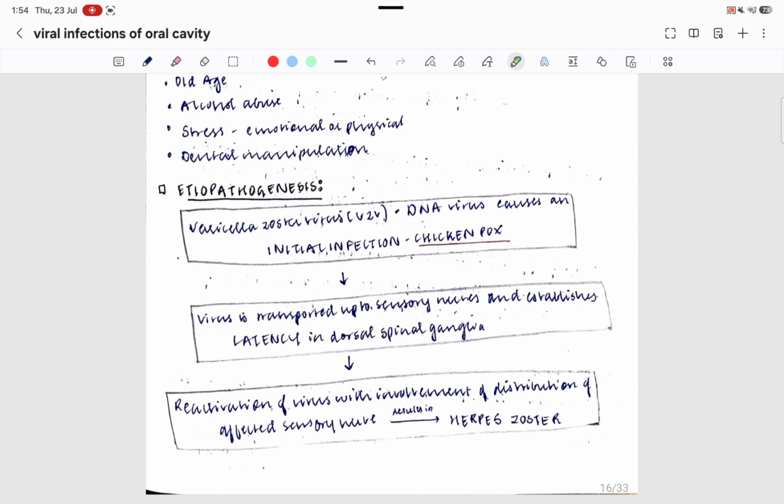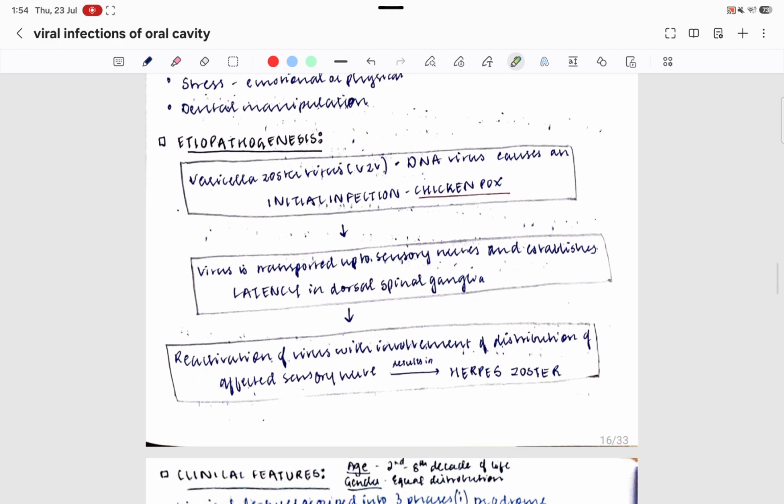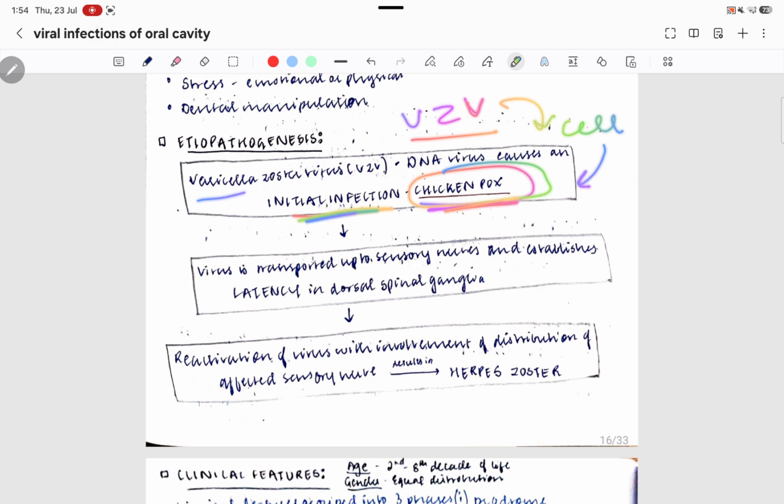Like how HSV enters the human cell, the same way the viral DNA enters in varicella zoster. The initial infection is chickenpox.